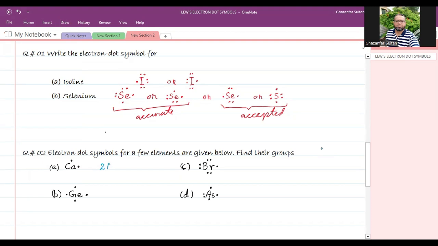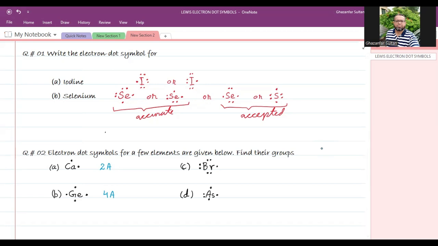So it is 2A. Ge has 4 electron dots, 4 single dots, so as there are 4 valence electrons, it belongs to group 4A. And this element is germanium. This is the symbol of germanium.